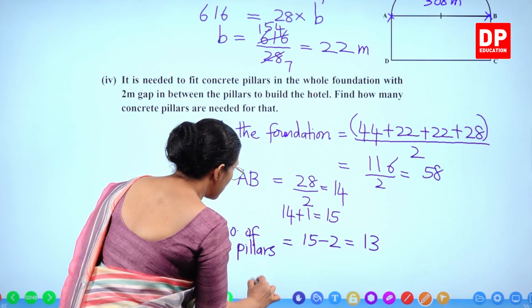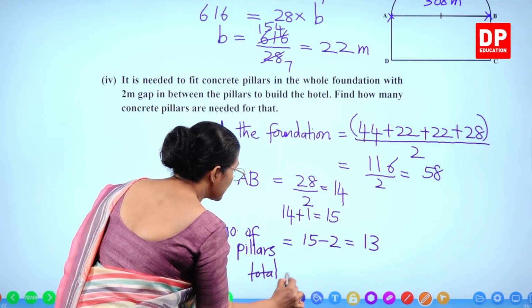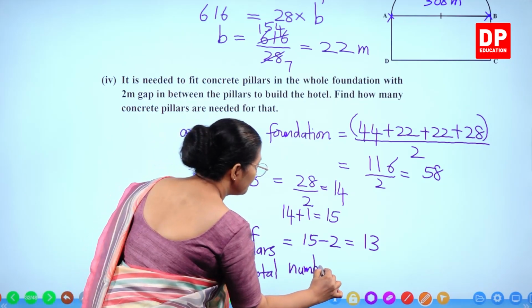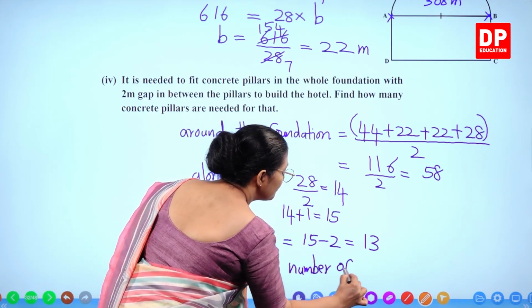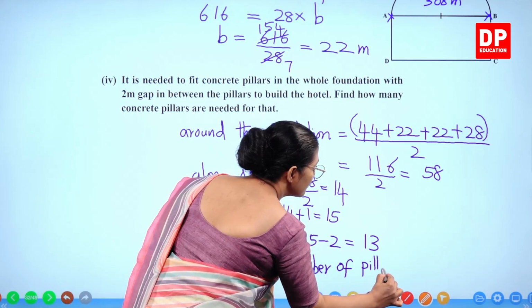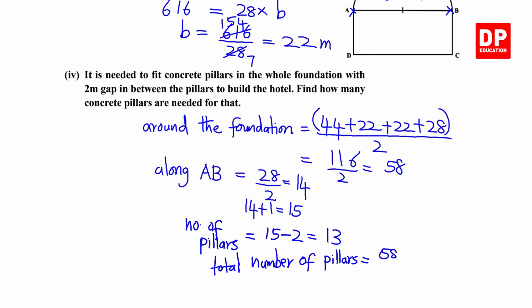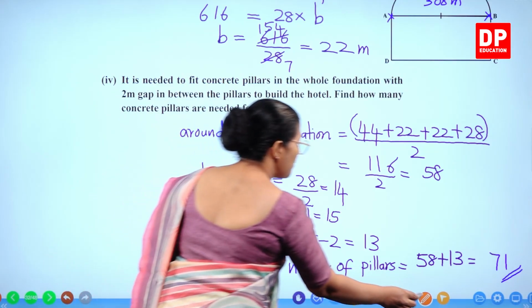So altogether, total number of pillars: 58 plus 13. 71 pillars are needed. So how many marks for that?